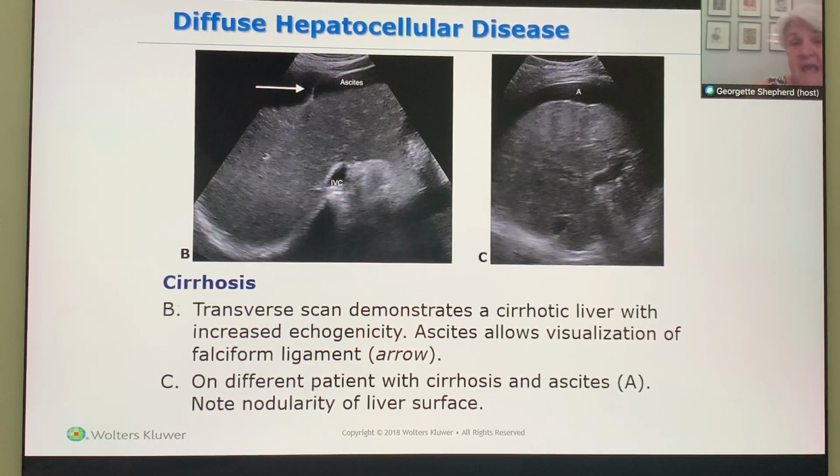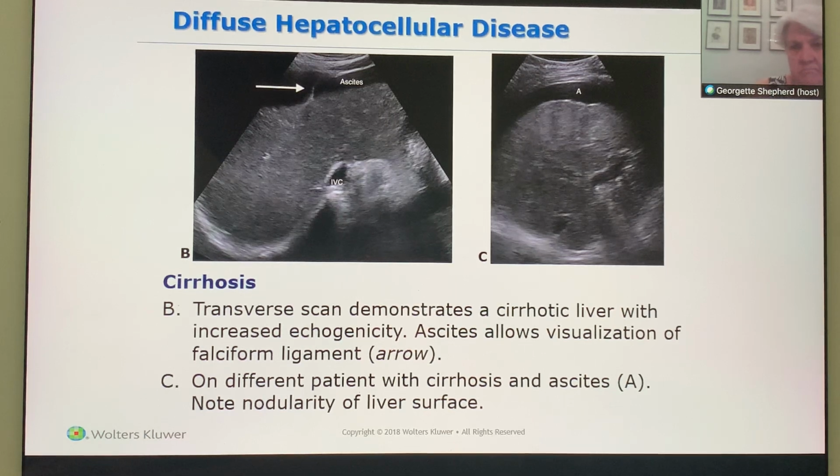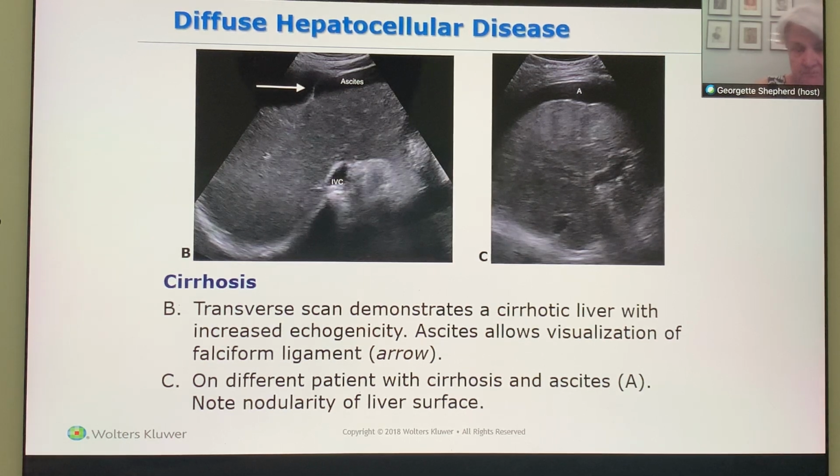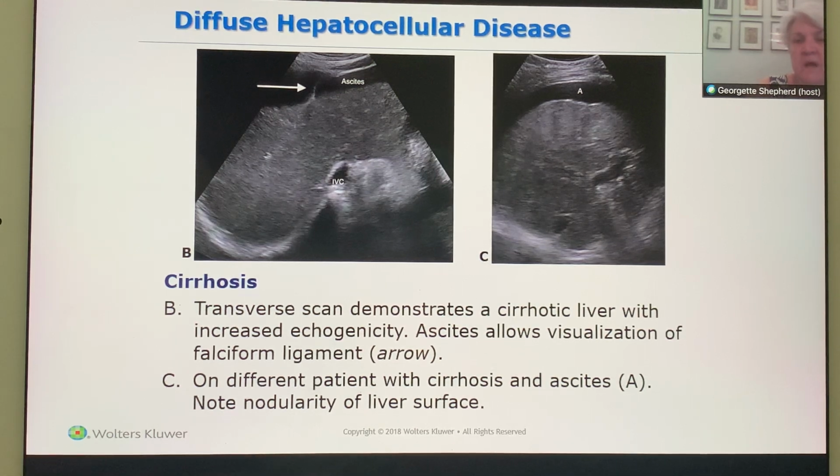That can recanalize with cirrhosis. When you put color on it, it'll have blood in it, and you can follow it right underneath the skin to the belly button.